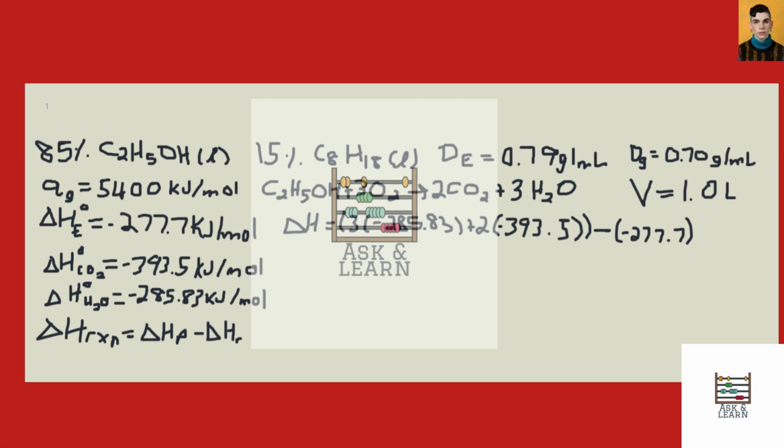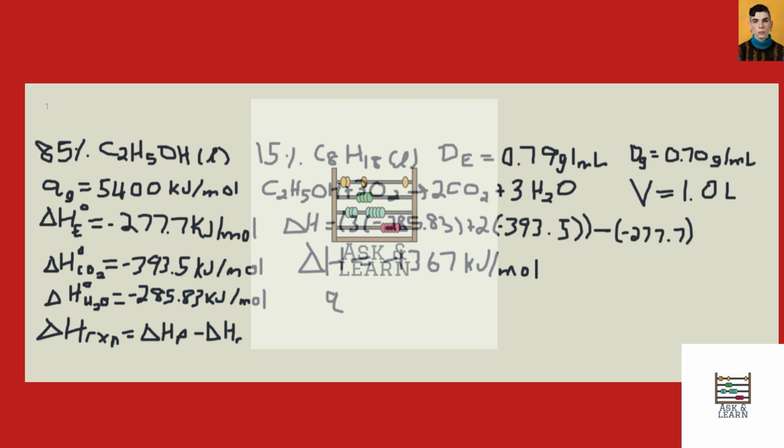And we're going to solve this. So delta H is going to be minus 1367 kilojoules per mole.